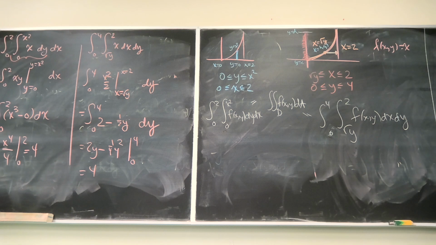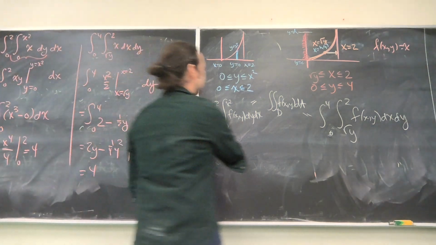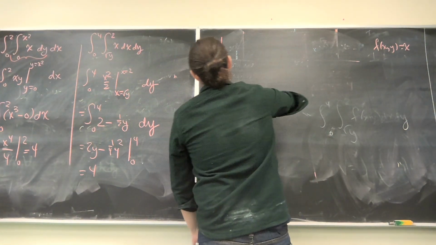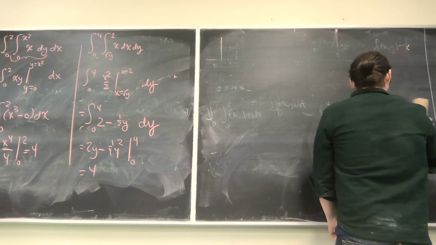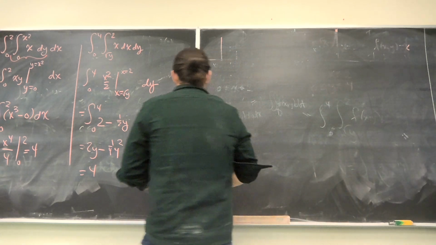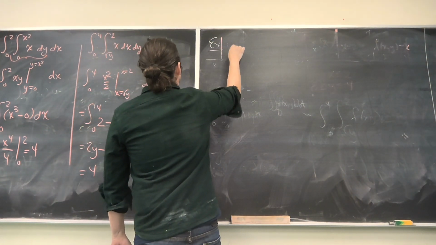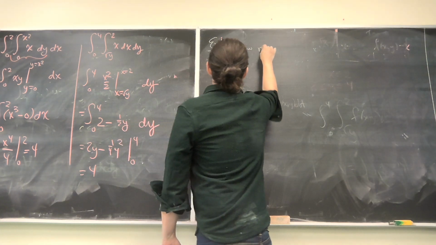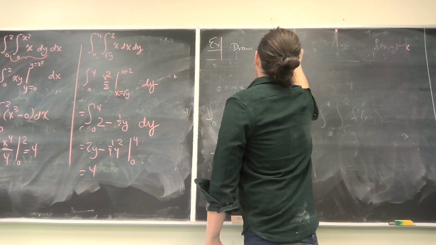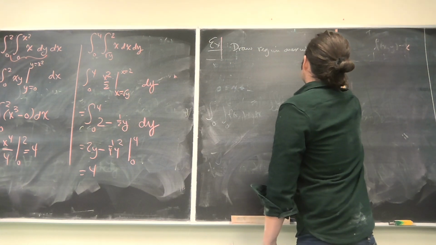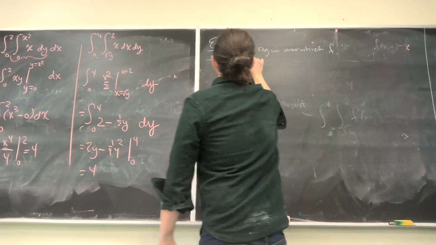If I tell you what the limits are, these problems are very straightforward. If instead I say something like this, and this is like I said, the math professor's favorite sort of thing to do to ask a more complicated question is to ask a reverse question. Here's an example. Draw the region over which f is being integrated.